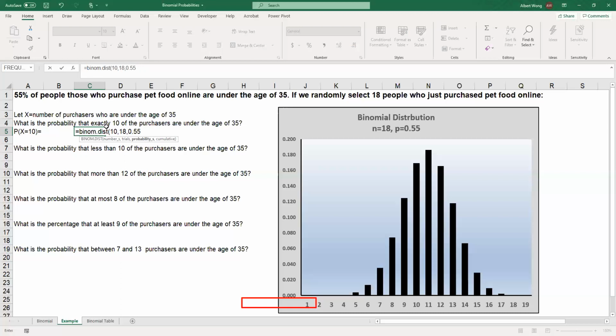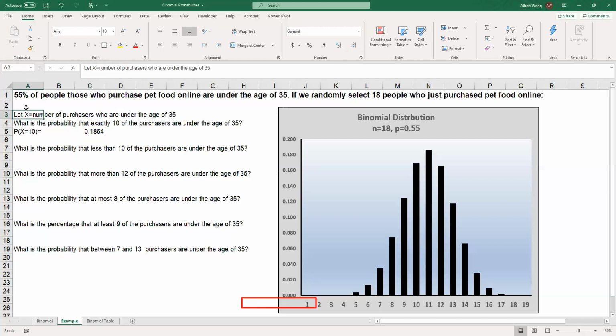And because we just want the probability at that particular point, we are going to enter false. Okay, and that's the probability. And let's just make it into 4 decimal places. Okay, so x is binomial, n equal to 18 and p equal to 0.55.